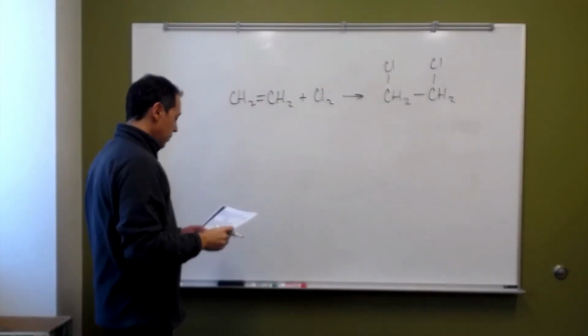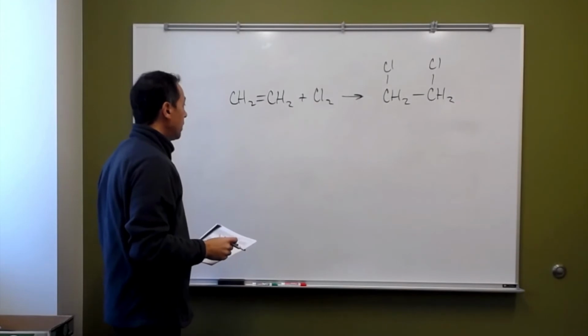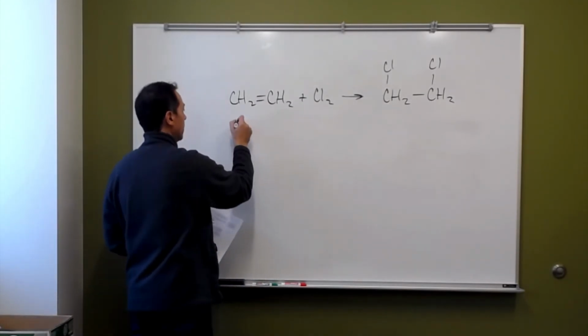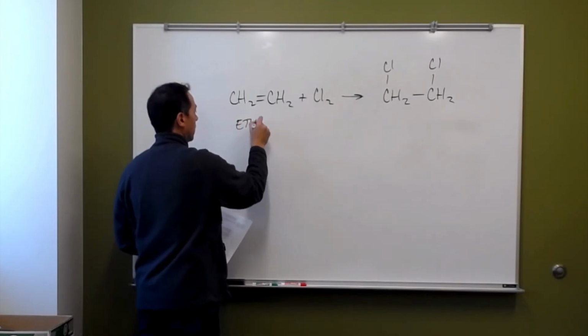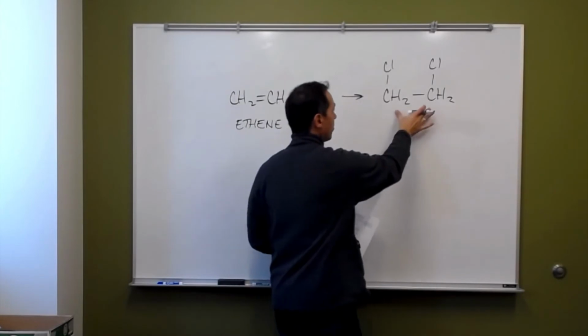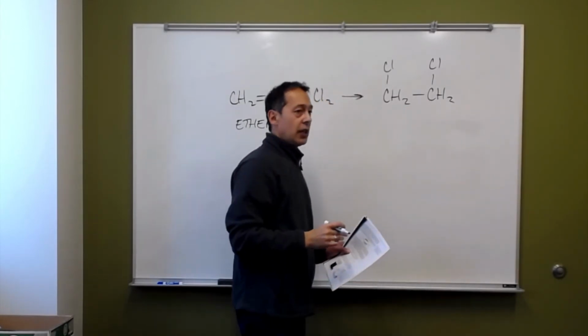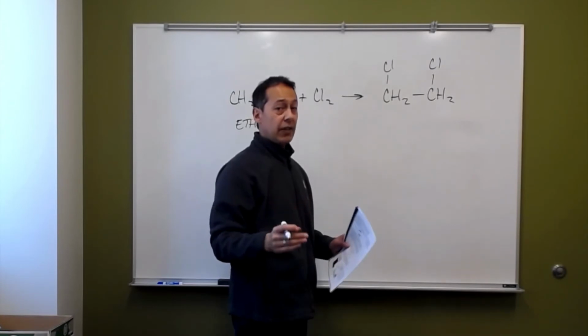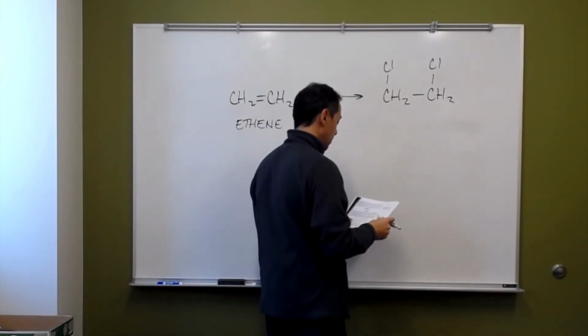Now if we wanted to name this, this one here is ethene. Now we've added a couple of chlorines here. There's no double bond, so it becomes ethane, and we've got a couple of chlorines on there.